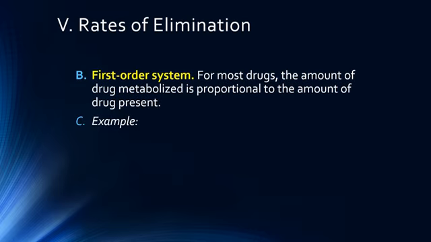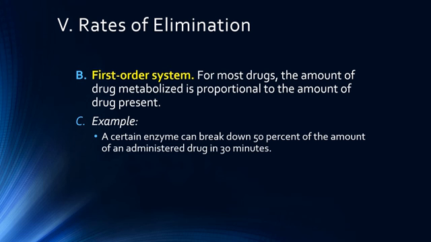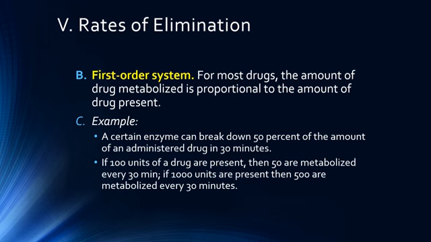For most drugs, the amount of drug metabolized is proportional to the amount of drug present. This is what we call a first-order system. So we have a certain enzyme that can break down 50% of the amount of an administered drug in 30 minutes. If 100 units of drug are present, then 50 are metabolized every 30 minutes. If 1,000 units are present, then 500 are metabolized every 30 minutes.